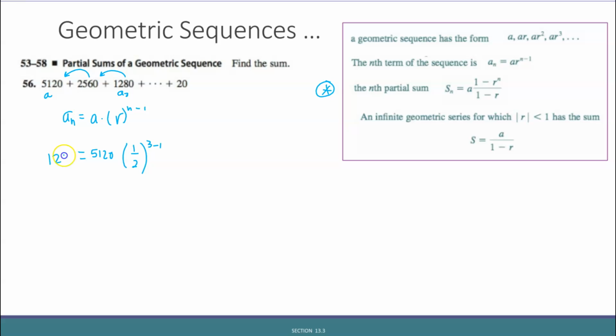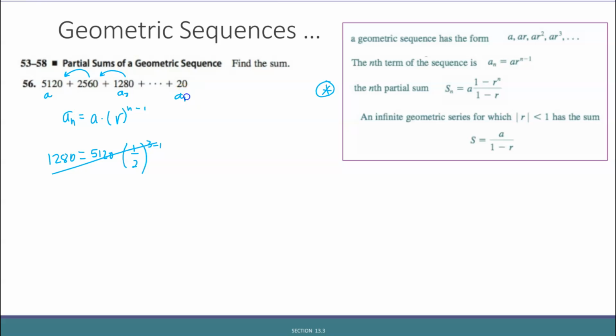So I can put that in here and solve for n, but notice that we don't even have a variable to solve for. I can do a quick calculation and get this answer, but that doesn't give us a variable. So let's reconsider this.